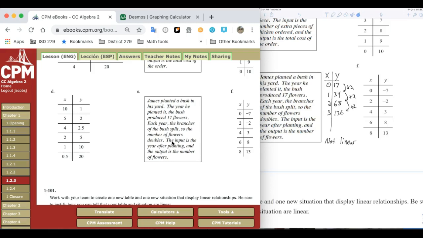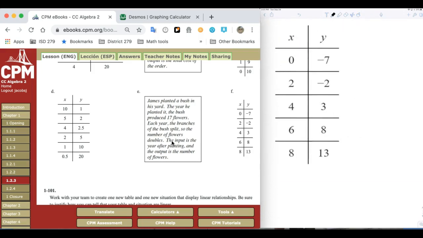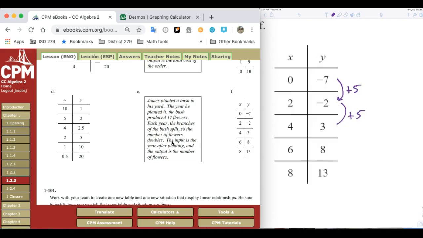And finally, the last table, I'm going to try and calculate slopes again. So I'm going to say here we're going up by 5, up by 5, up by 5, and up by 5, which makes it seem linear to start with because those are all steady. And this is going up by 2, up by 2, up by 2, and up by 2.